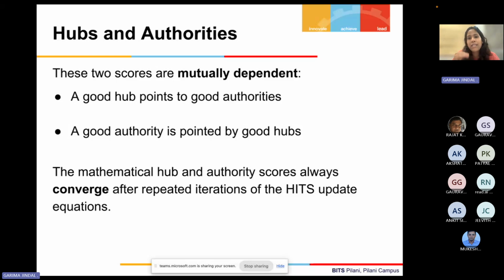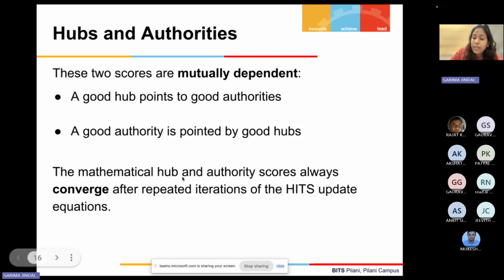So we have seen how incremental progress works in the network. Now this particular slide says that the hubs and the authorities are mutually dependent. How are they mutually dependent? A good hub points to good authorities, and a good authority will be pointed to by good hubs.